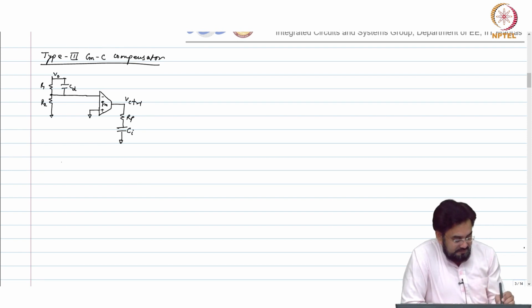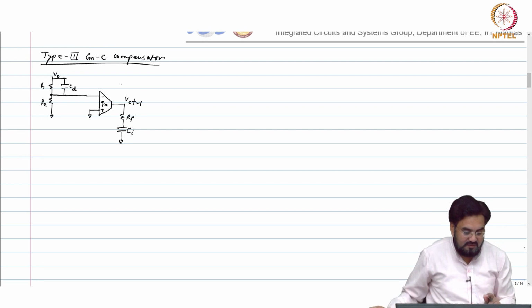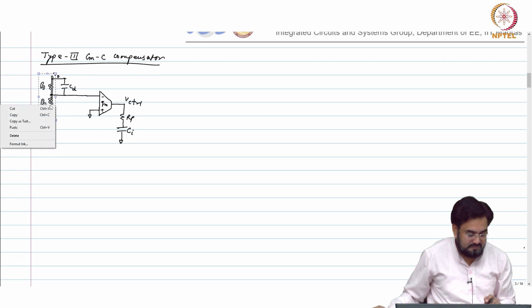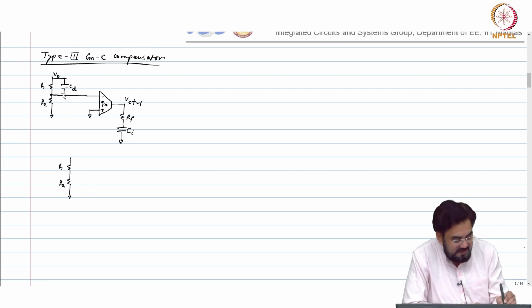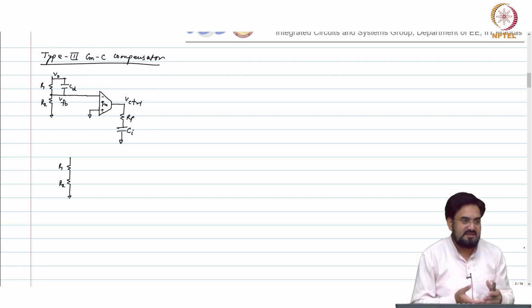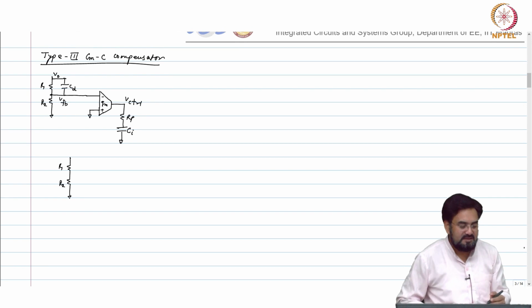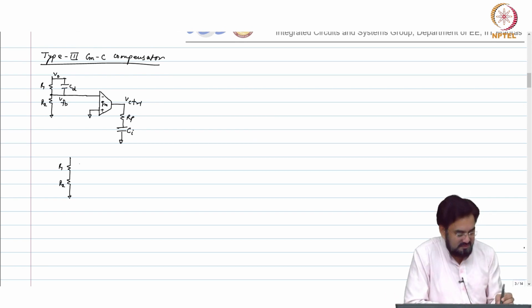So, if I take only this portion and I call it VFB, I don't need to look at the whole transfer function, only this portion is changing. So, I can just find VFB over V out and see what is happening here.